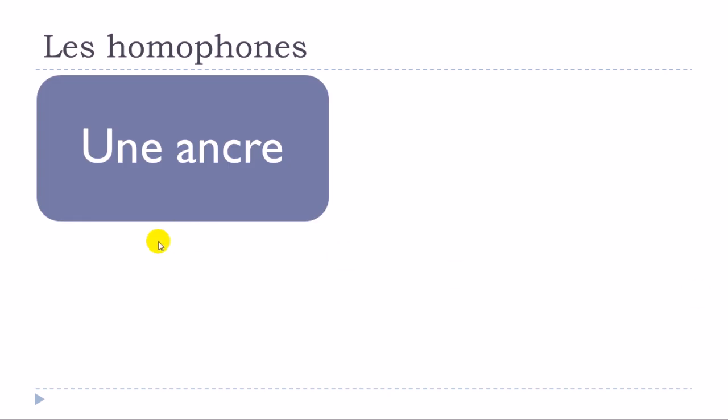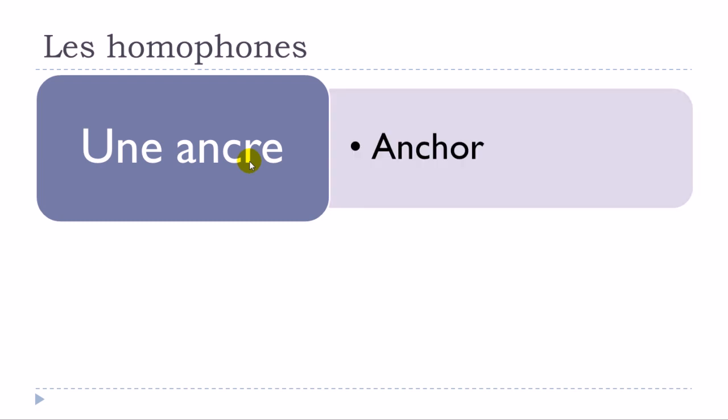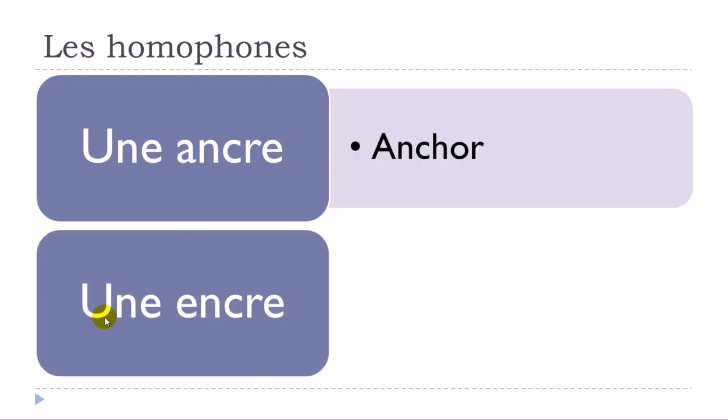Une encre, feminine as well, une encre. Okay, so you can see here that the only difference is an a here and then an e here. Okay, so une encre and une encre, it's the same.